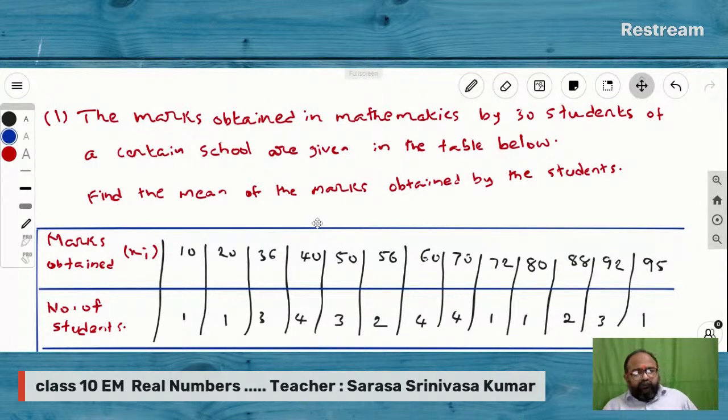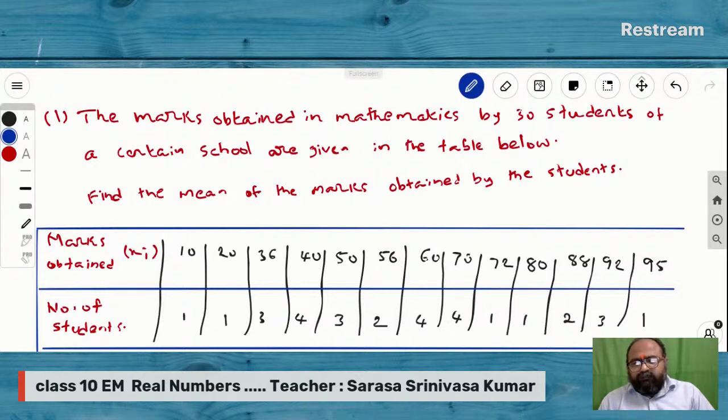Dear students, here the marks obtained by some students are given: 10, 20, 36, 40, 50, 56, 60, 70, 72, 80, 88, 92, 95. And the number of students is also given. 10 marks are obtained by one student, 20 marks by one student, 36 marks by three students, 40 marks by four students.